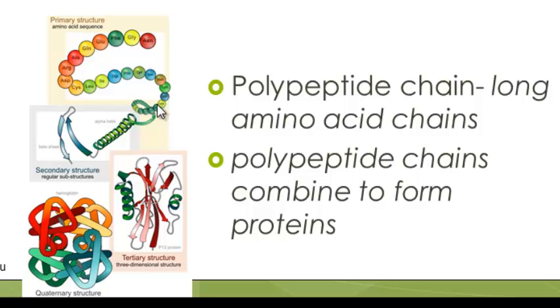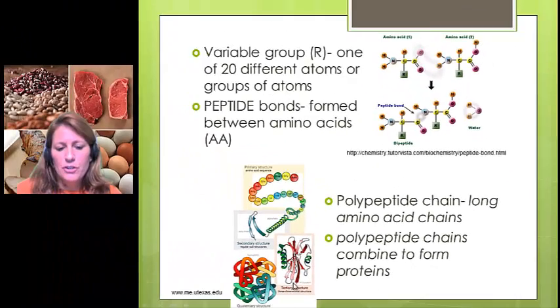When it starts to twist and fold on itself, depending on how much it folds, that makes the protein. So when it's a long chain held together by peptide bonds, that's a polypeptide chain. Once it folds into the different structures, then it becomes a protein. We're not going to get into the different structures, like the tertiary structure, named by how they twist.